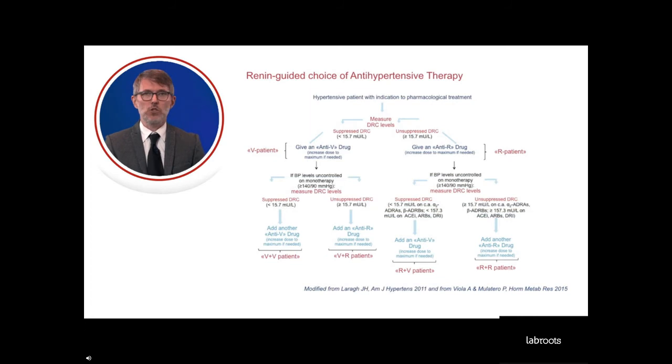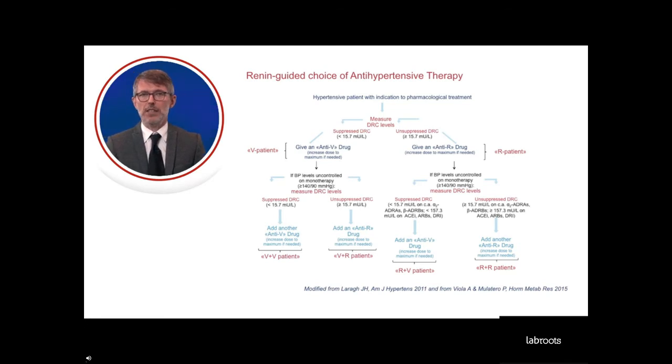So when we measure renin level, if the patient has low renin level, we should give a V drug, that is CCB or diuretics. If the renin levels are normal or high, we should give an anti-R drug. So for example, ACE inhibitors or ARBs.